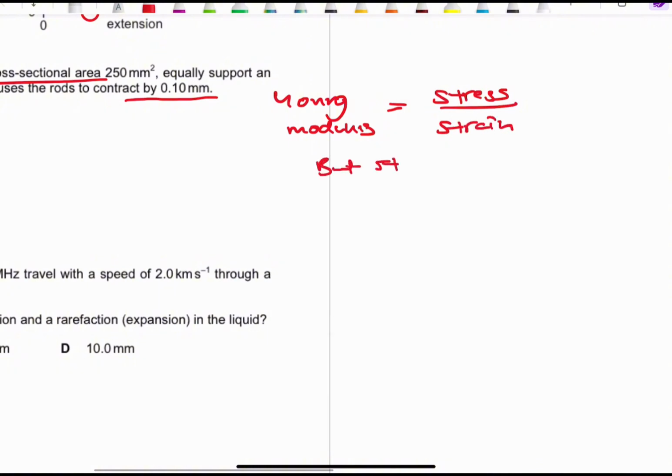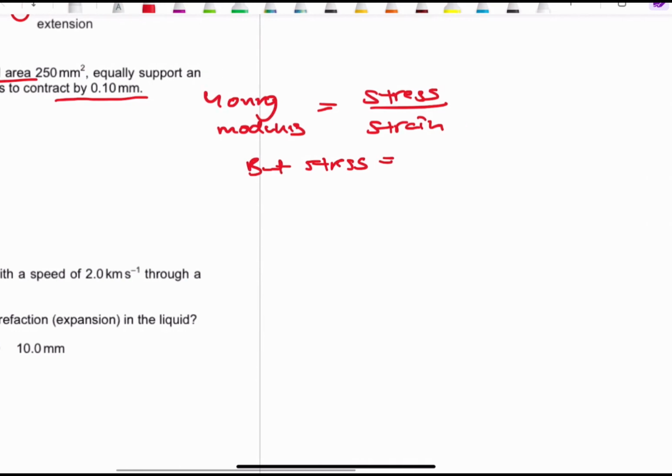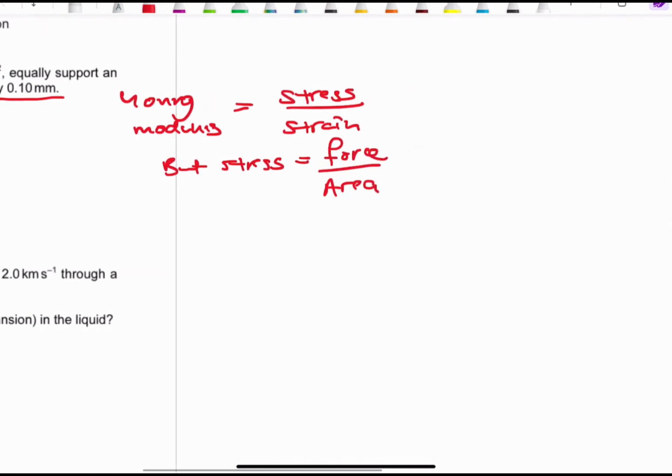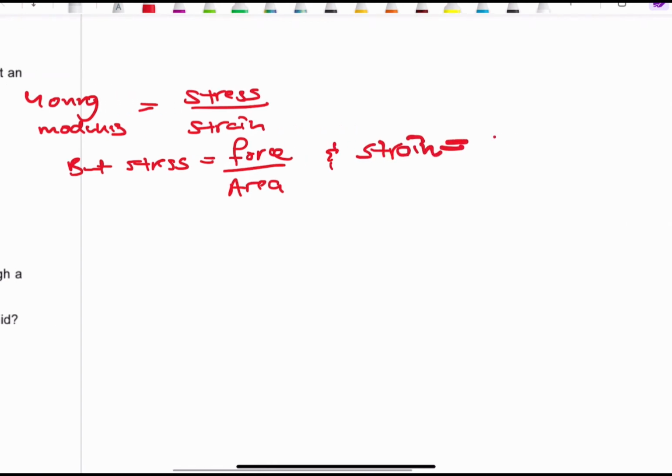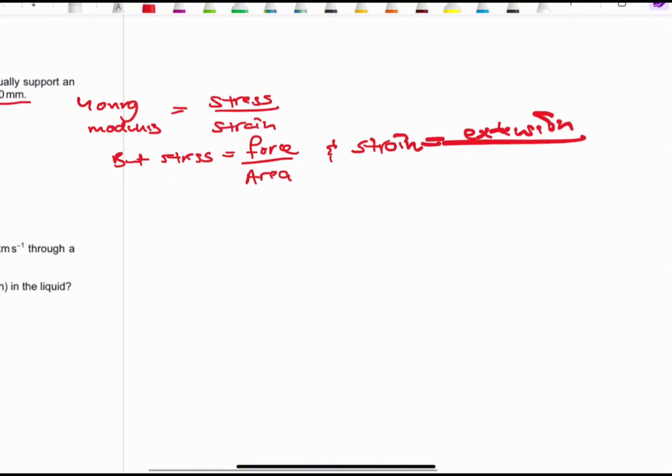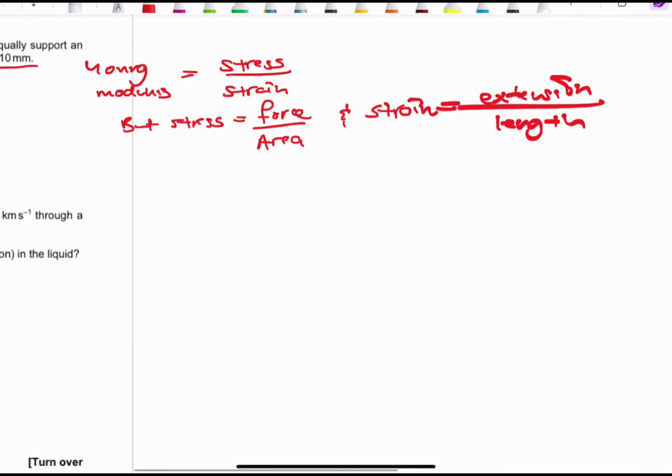But stress is basically force divided by area, okay? And strain is basically the extension per unit length, right? So those are the two things that you need to be thinking about. Stress is that, and the extension is that.